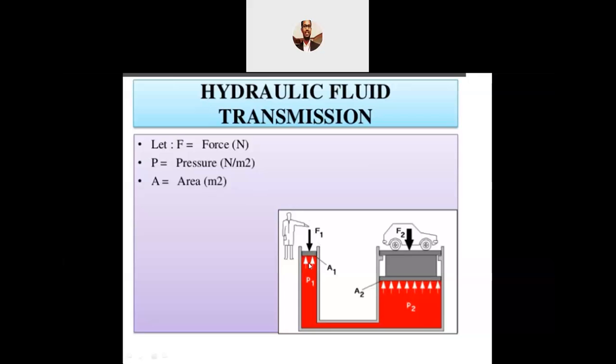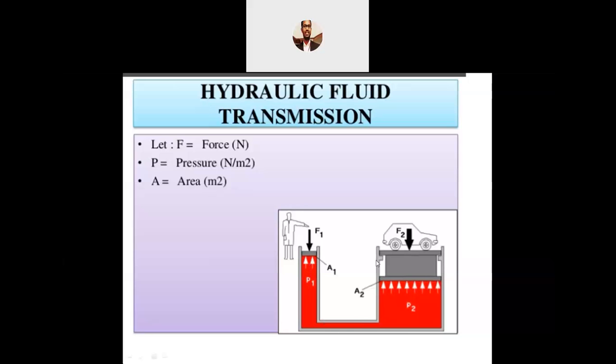If you apply 10 newtons, it doesn't mean that it will be around 9.5 newtons. No, whatever force you apply, the same amount is transmitted with no loss. That is equally 10 newtons carried on. Now the same thing is transmitted over here and it just lifts.